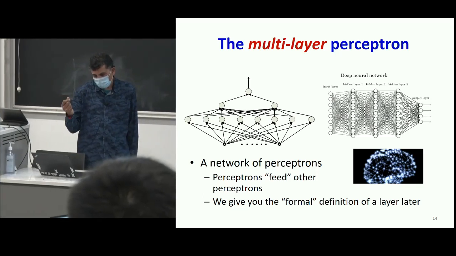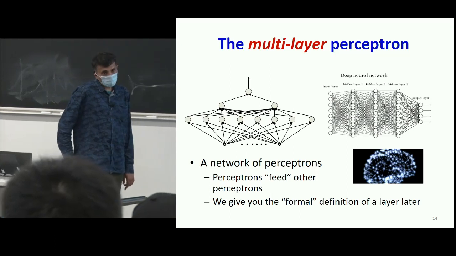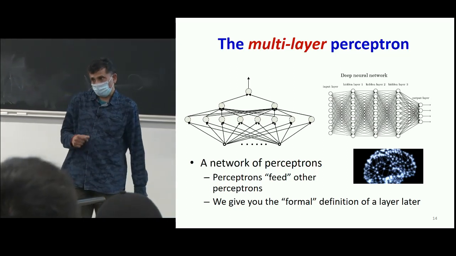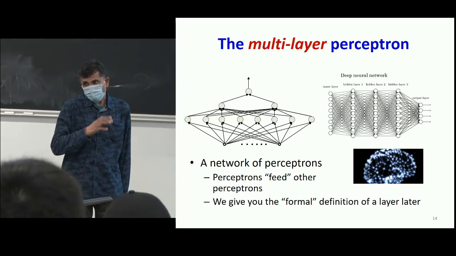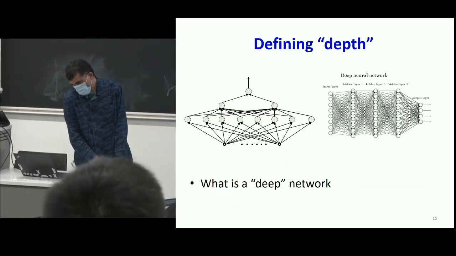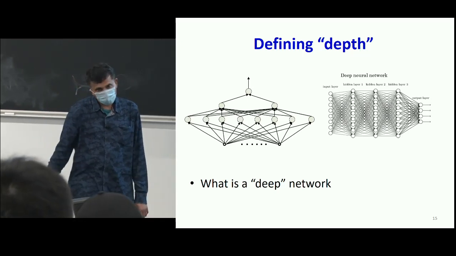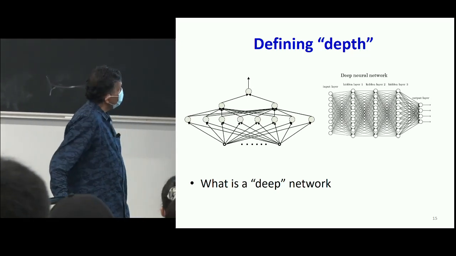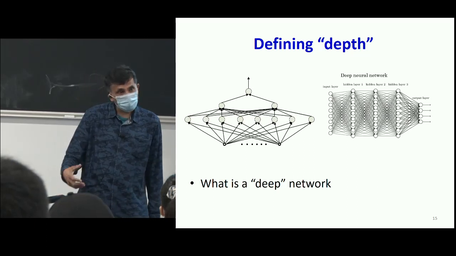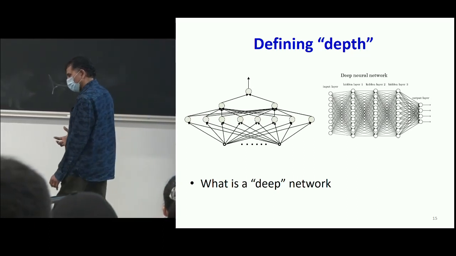It could compute a single output, like in the figure to the left, or it can compute a bank of outputs, like in the figure to the right. So now we are here in a deep learning course. So we're speaking of depth. What do we mean by depth? When we are speaking of a deep model, we are speaking of a deep network.